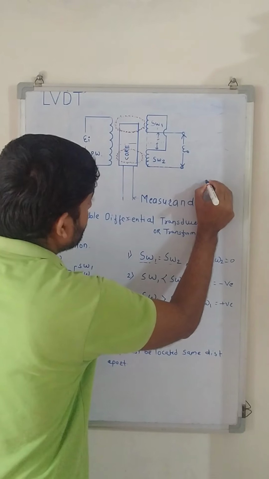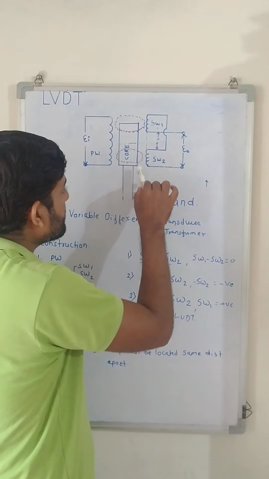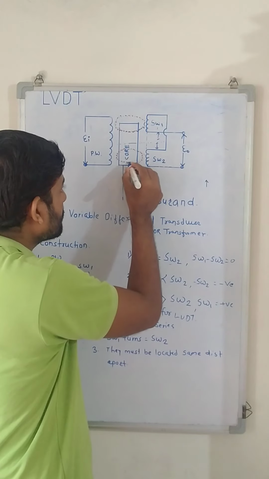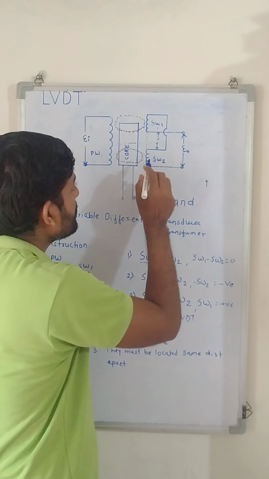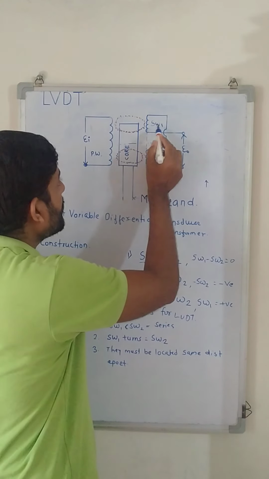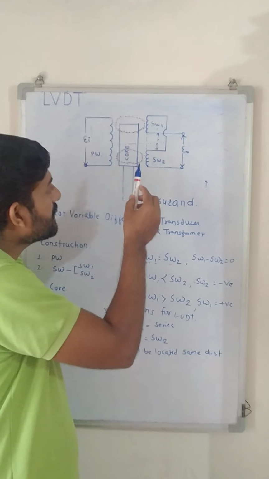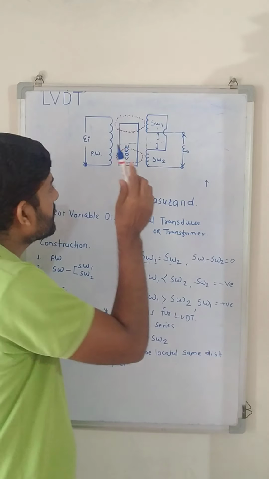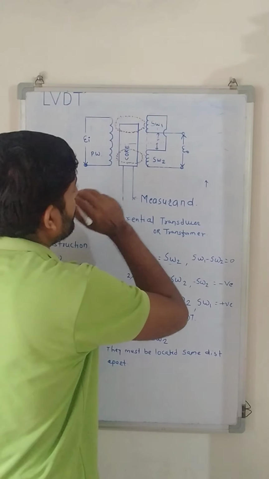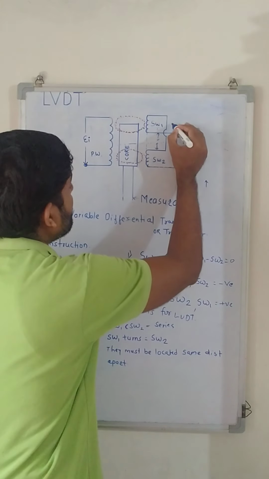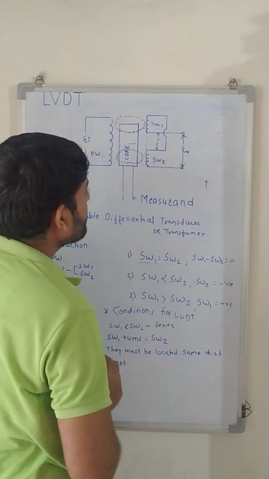Whatever EMF is generated at the lower portion starts jumping towards secondary winding 1 and the primary winding. So in this condition, the EMF induced in secondary winding 1 is greater than in secondary winding 2.